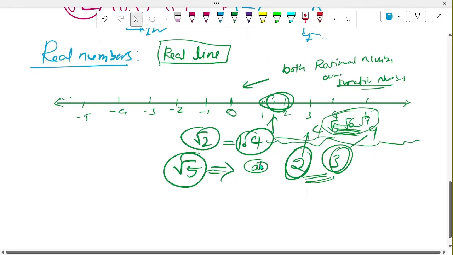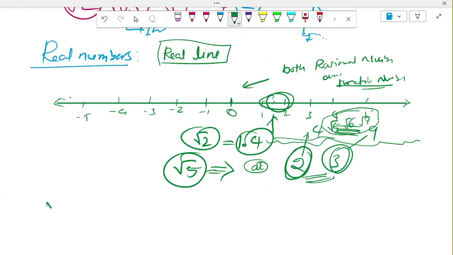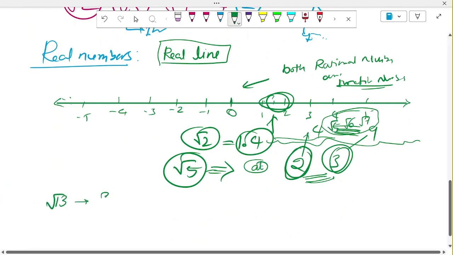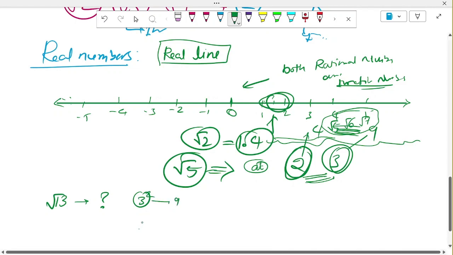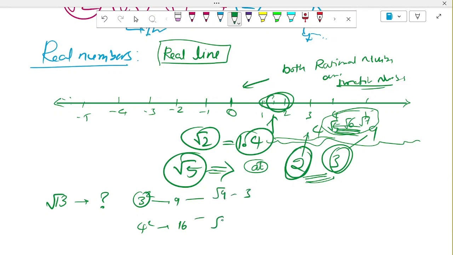Okay. Now we'll take a simple example. Root 13 lies between what? Now just check. The square of 3 is 9, and the square of 4 is 16. Now root 9 is 3 and root 16 is 4.